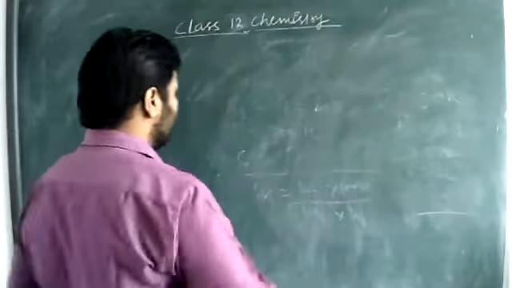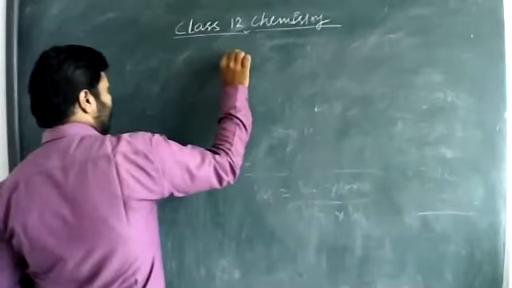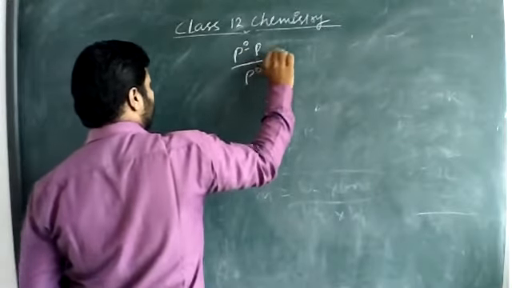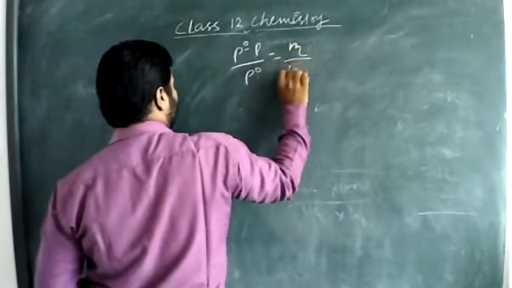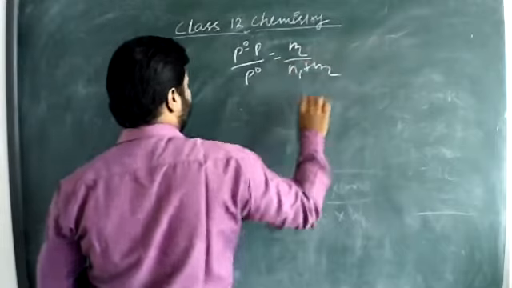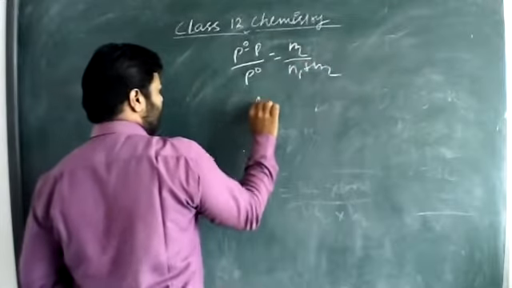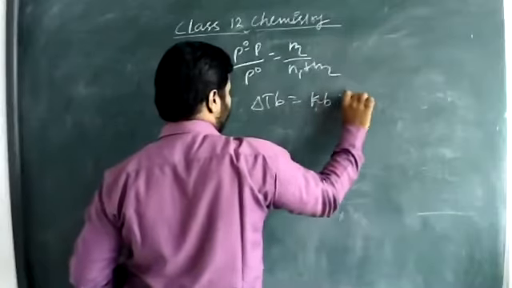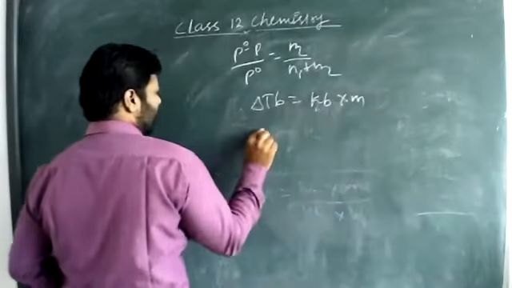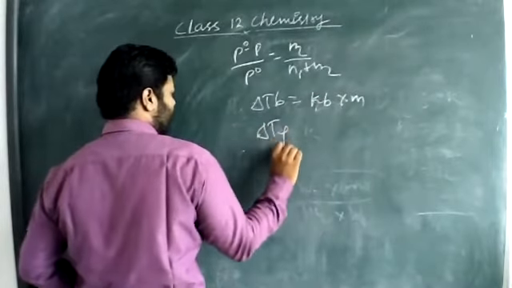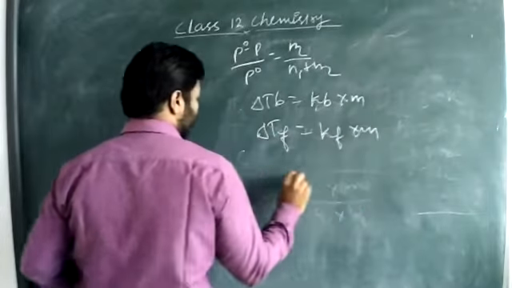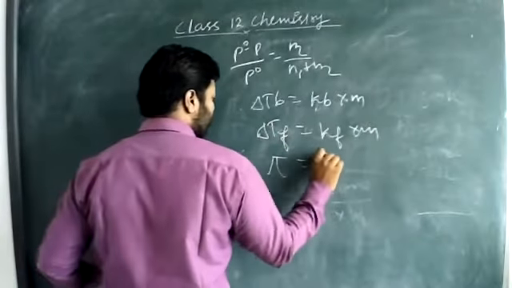Colligative properties, four colligative properties are there. Relative lowering of vapour pressure, P naught minus P, delta TB, delta TF, pi.